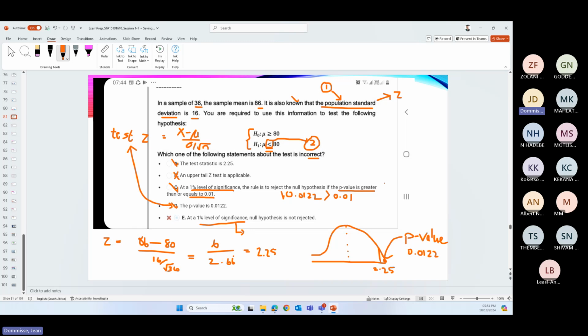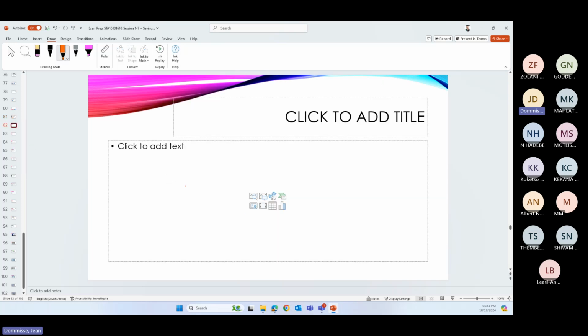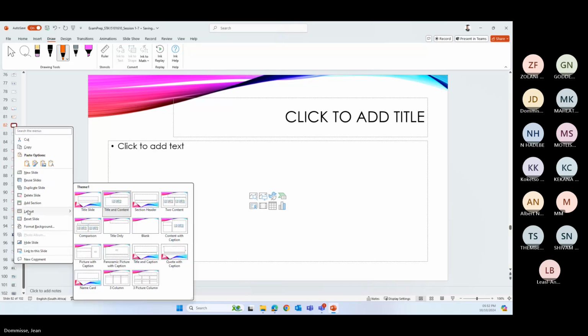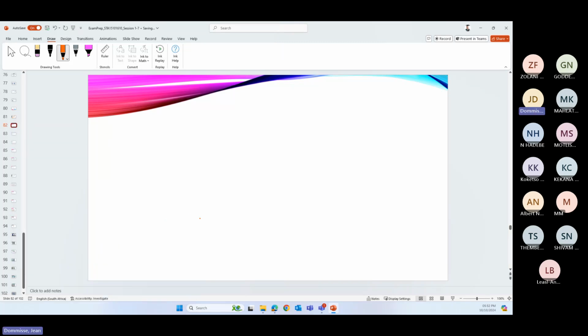I'm now wondering about this one as well. So let's quickly write down how we would do it. Again, I'm getting confused with all the wording.